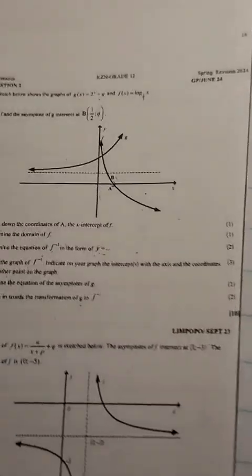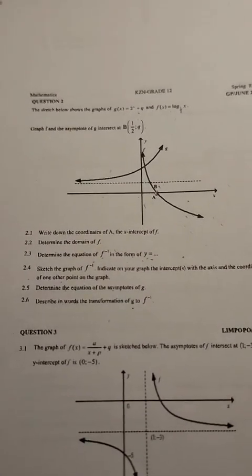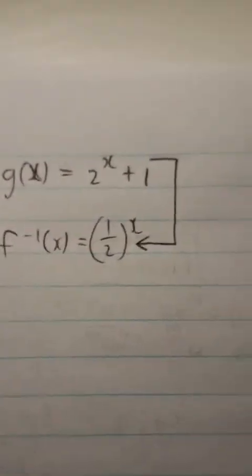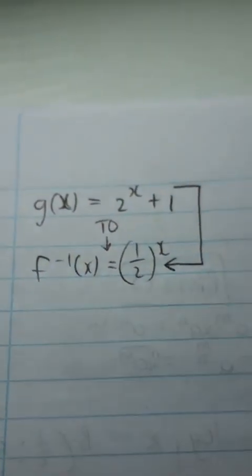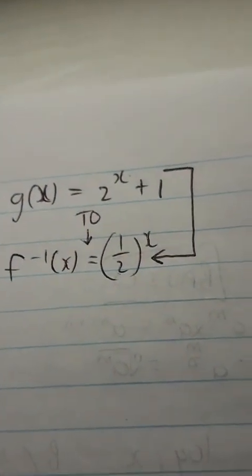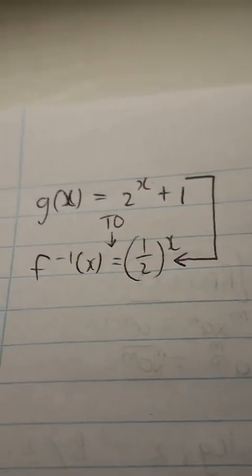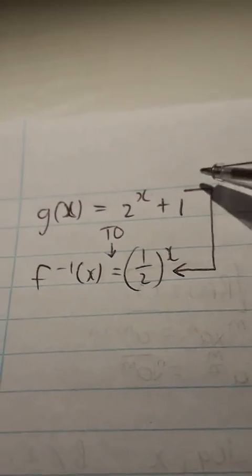The question says, describe in words the transformation of G to F. So that means you need to describe how we move from here to there. What would we have to do to get G to become F?